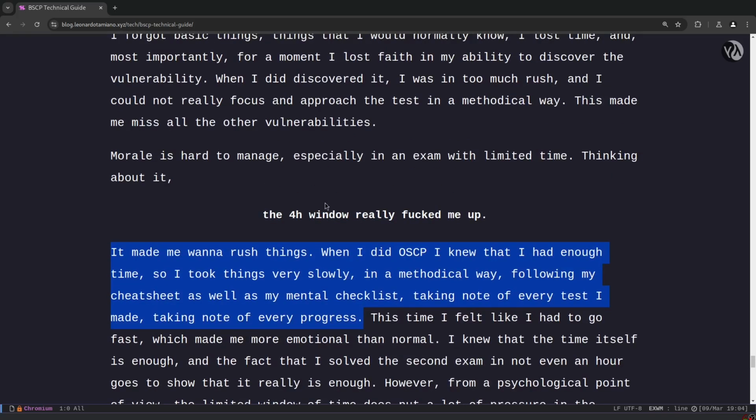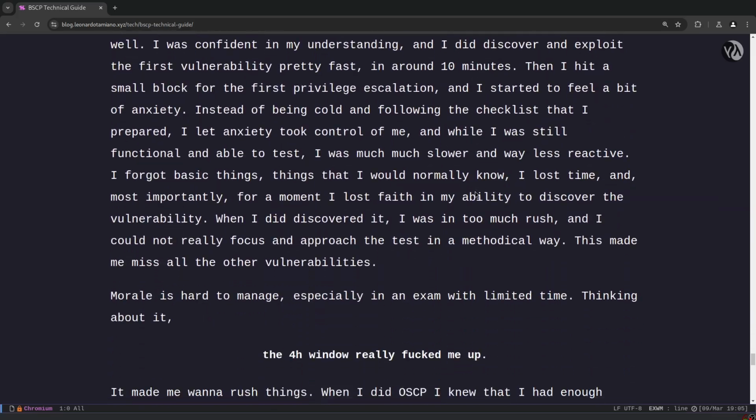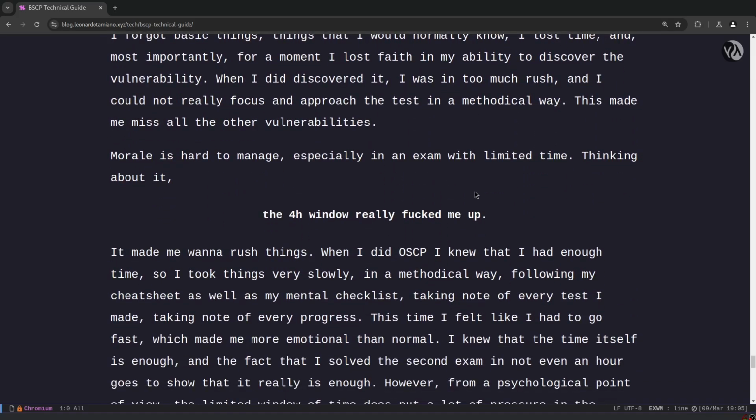Now, with BSCP, the window of time really does matter. I mean, you really have to rush things because in 4 hours, it's true that in the second attempt, I managed to solve it in only 55 minutes, so not even an hour. This means that technically you do have the time. However, it is really hard to manage from like a psychological point of view.